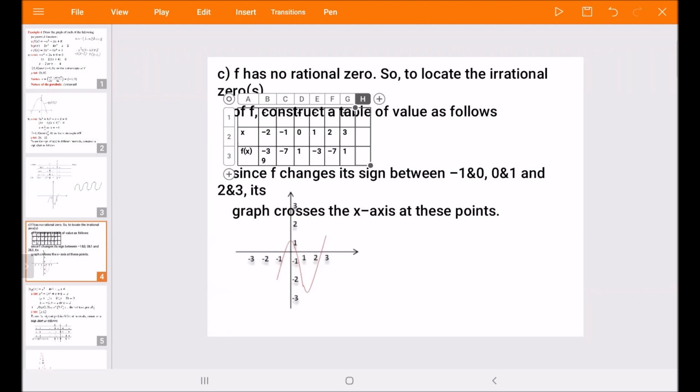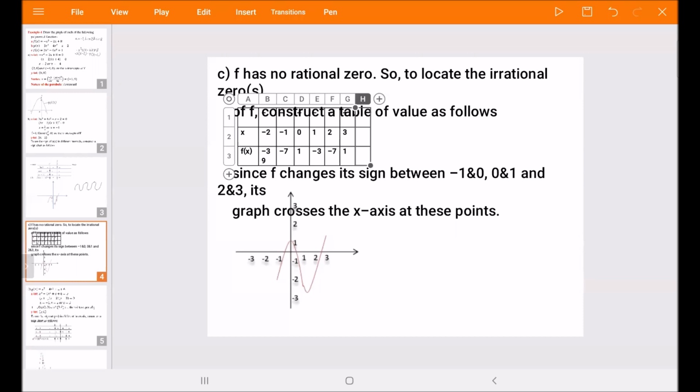Then at x equal to 0, the value of f of x is 1, and it means 1 unit above the origin, the graph of f of x crosses the y-axis. So we mark this point at y equal to 1, then it turns back between 0 and 1. Again, the graph of this polynomial crosses the x-axis, then it reaches somewhere and it turns back.